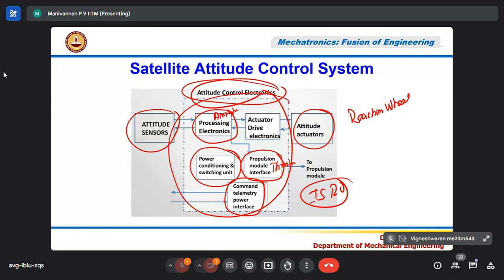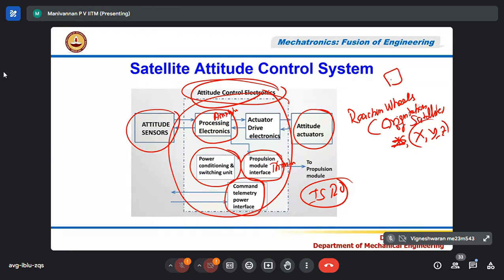Please note, the reaction wheel is used to control the orientation of the satellite with respect to the x, y, z axes, all three axes.